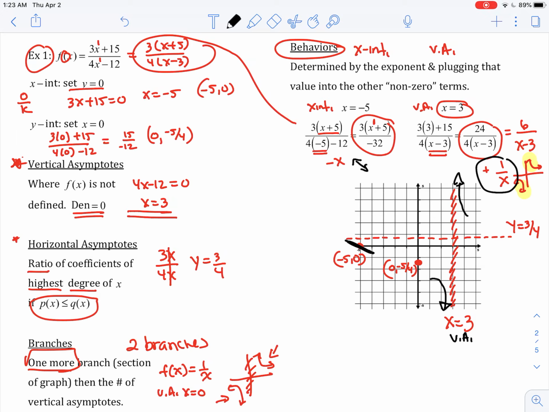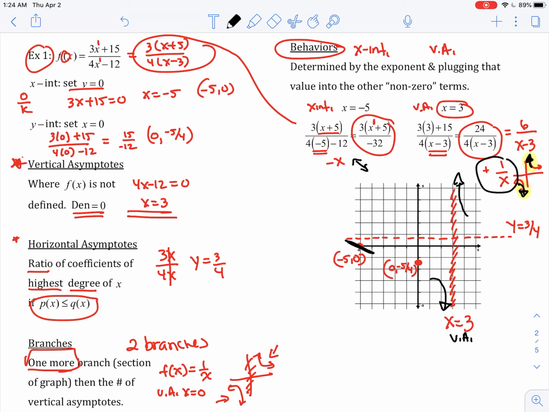Our y values would be getting smaller, because that's what a positive 1 over x does. It comes up on the right side of that vertical line and comes down on the left side of that vertical line.